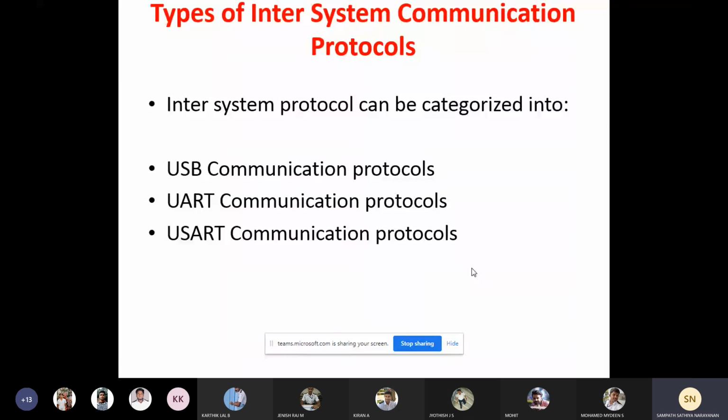Out of these, USB is widely used in all products, from desktop PCs and laptop PCs to electronic gadgets, because it is a very simple protocol. It requires only 4 pins for transmission: D plus and D minus, which are differential data lines, and then a supply pin and a ground pin.